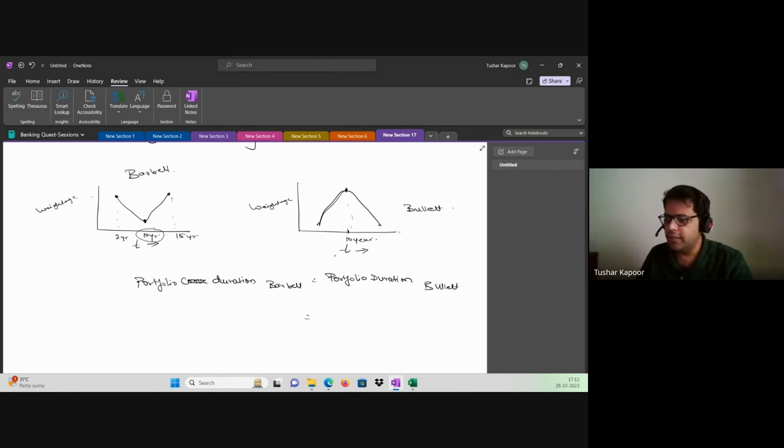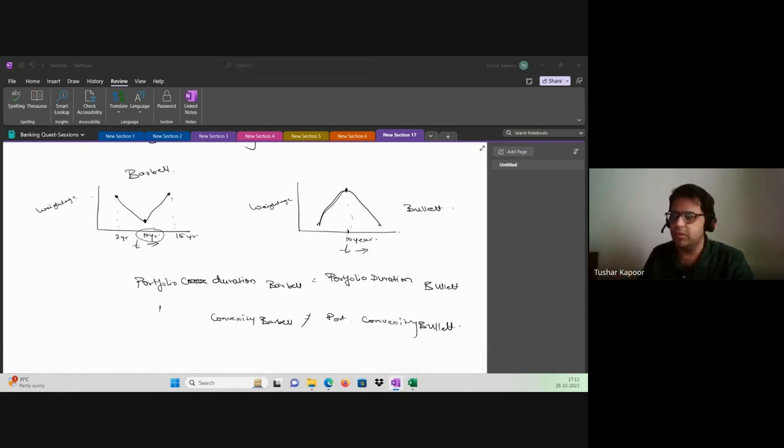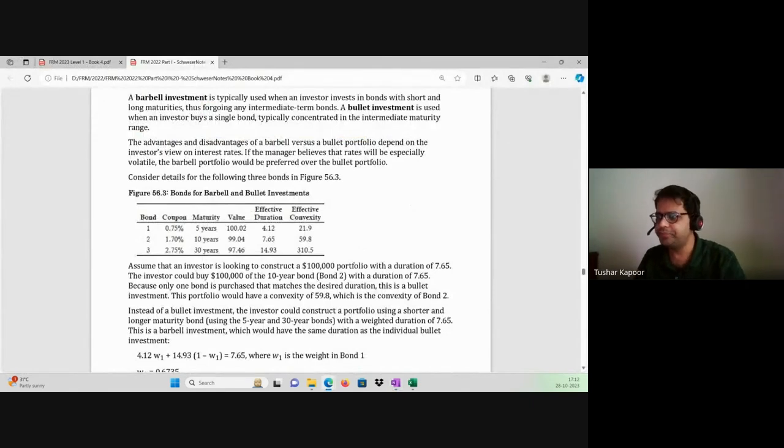But the point here is that the portfolio convexity for a barbell is not going to be the same as the portfolio convexity for a bullet. And that is the point to make: you can build your portfolio in any way to match the duration, but to match the convexity, it's not possible by allocating it like this.